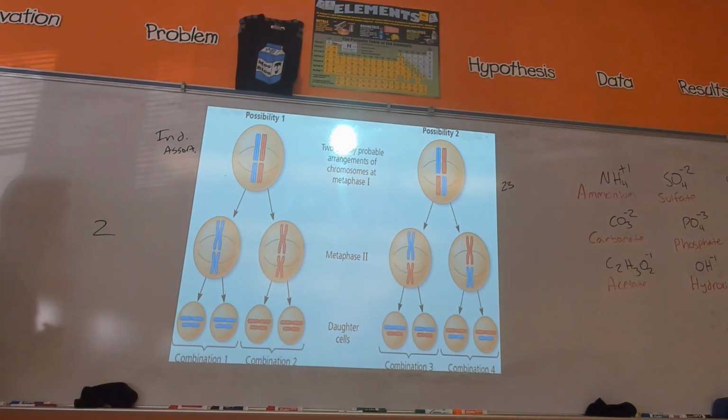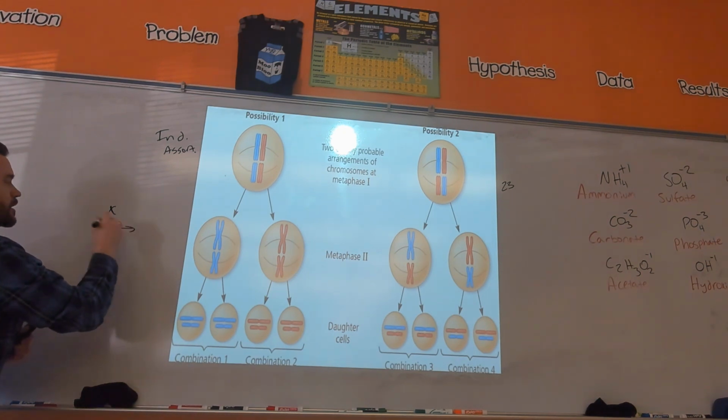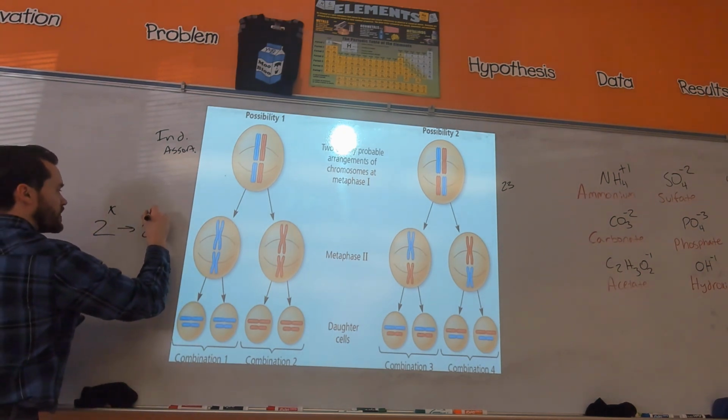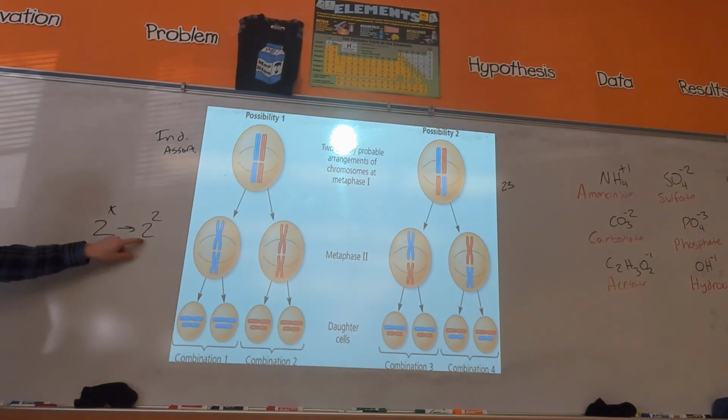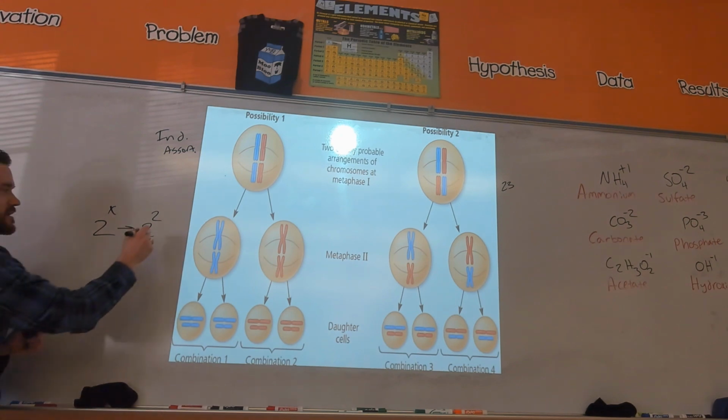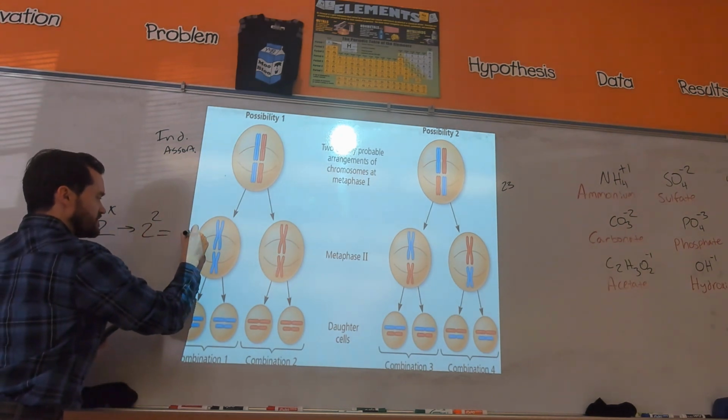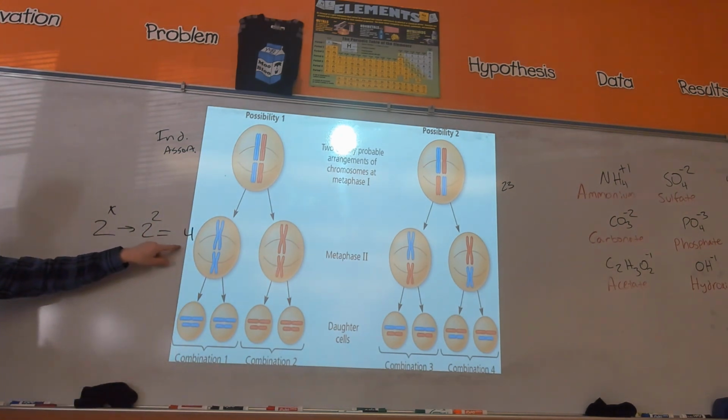What's the odds that if I flip this coin, it's going to land heads 2 times in a row? 25%. The exponent here is the number of times you flip, so it would be the number of possible combinations. 2 possible variations, and I'm doing it 2 times, so 2 squared is 4. There are 4 possible combinations.